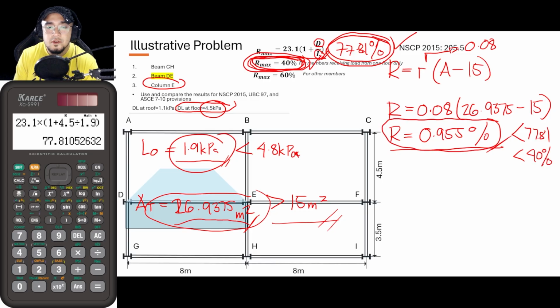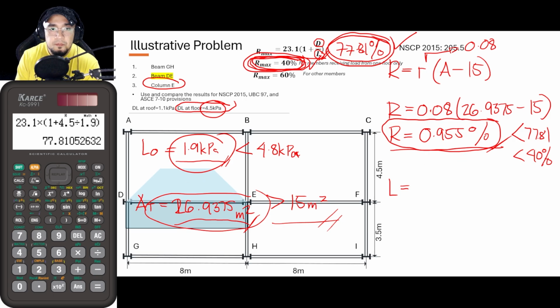Okay? So in order for us to know the reduced live load, that is L, that is now equal to, since this here is the reduction, that is what we will remove, or in other words, that is basically the discount, or in other words, that is 0.955% off.